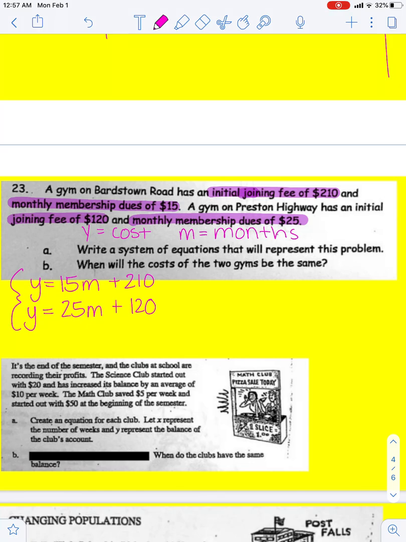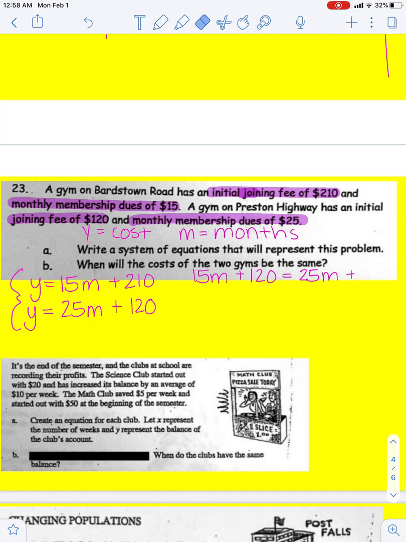So it says, when will the cost of the two gyms be the same? So here we're solving for how many months it's going to take for the gyms to be the same. So I'm going to do the same thing we've been doing and set 15m plus 210 equal to 25m plus 120.